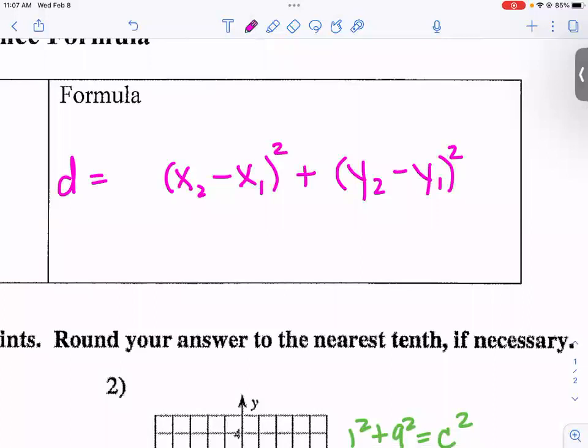And then to solve at the very end, we always have to take the square root of that number. So the distance formula is just one formula to where we don't have to set it up and add things together and solve for x. It's just we're gonna put in these missing pieces and get a number.